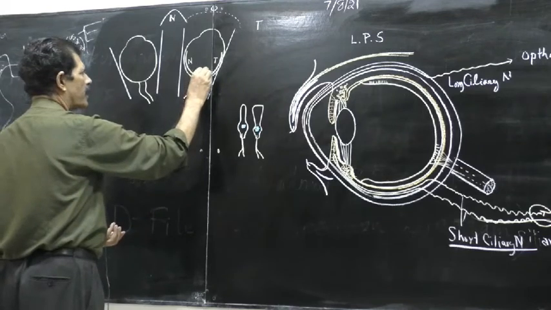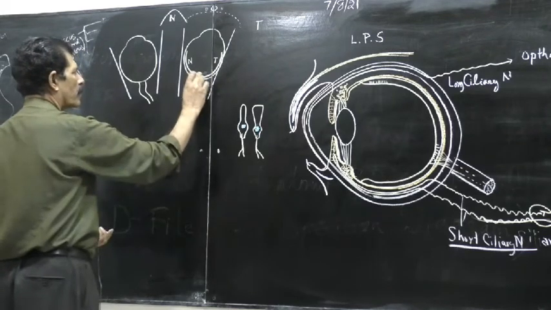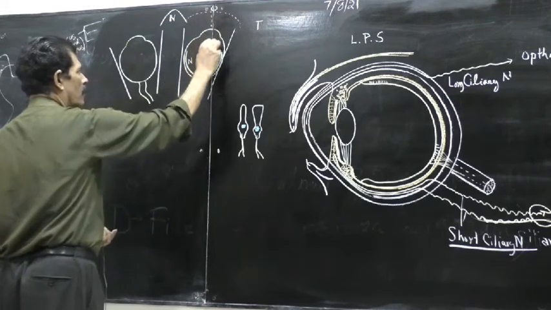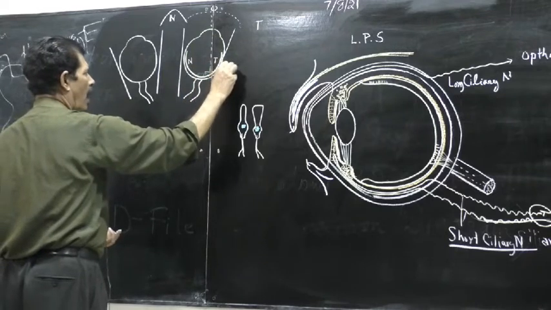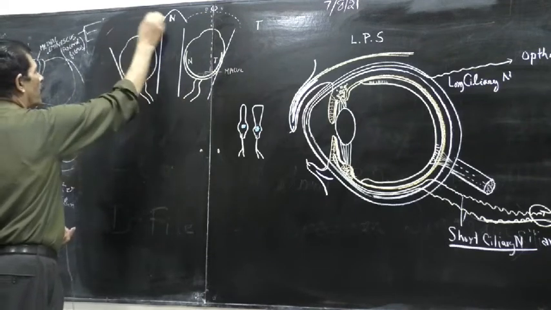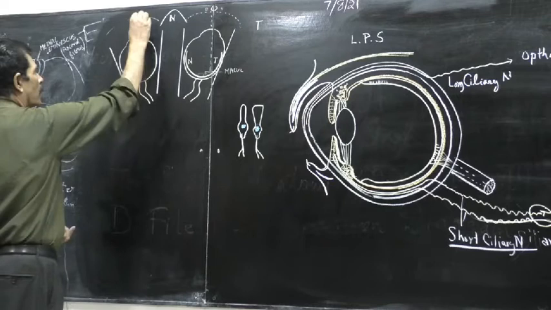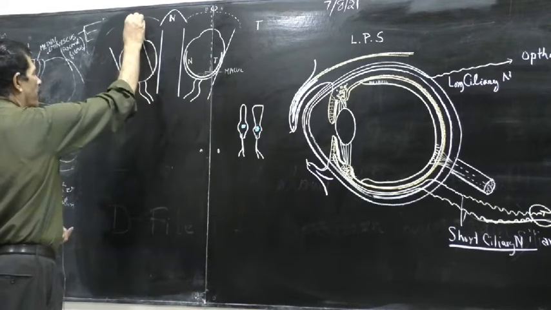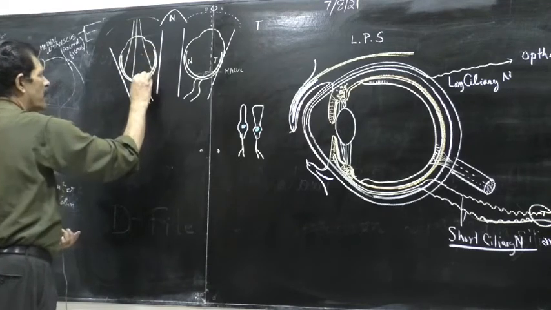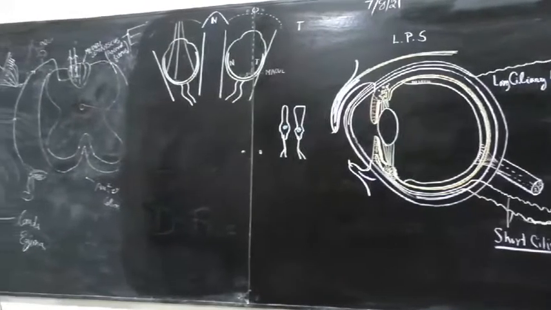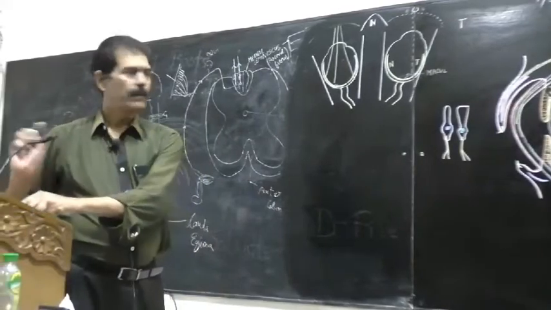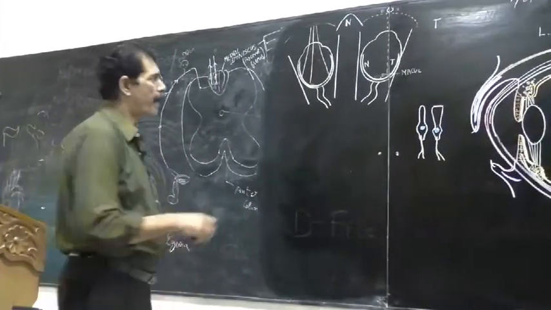And in the center where the image is formed is the central part of the vision. It is called the macula. So this is the nasal and this is the temporal. So this is binocular vision in the human. So this is the field of vision from where the image is formed on the retina.